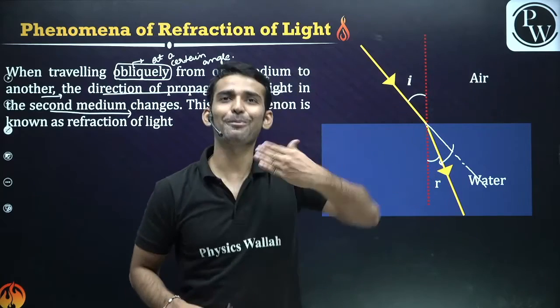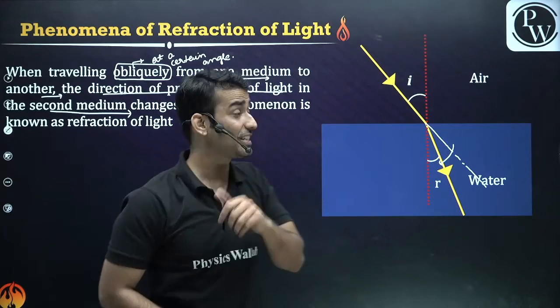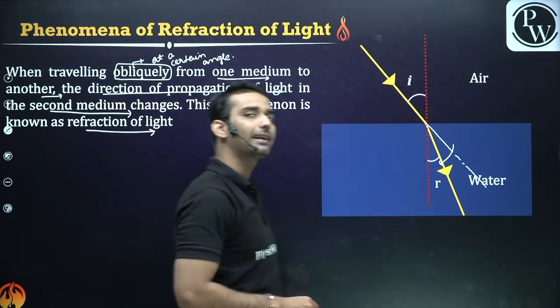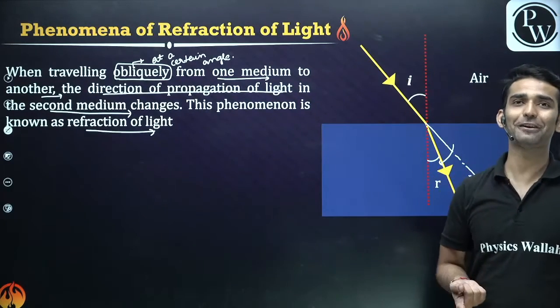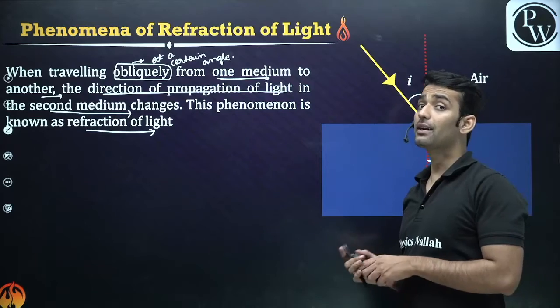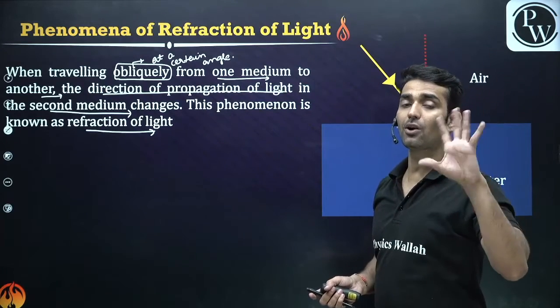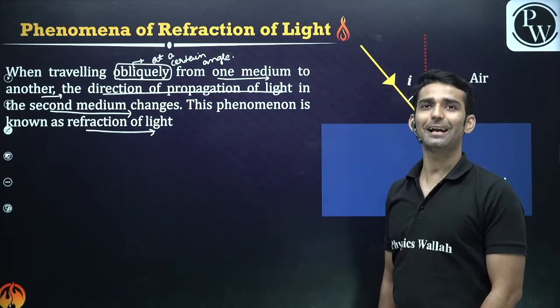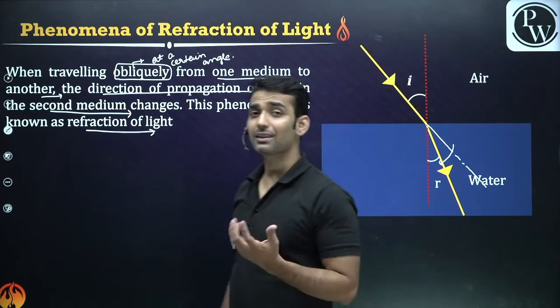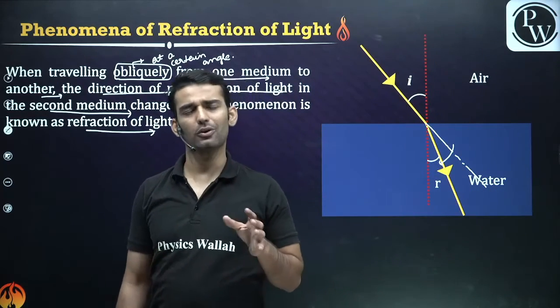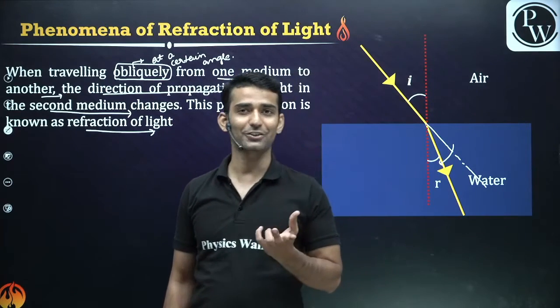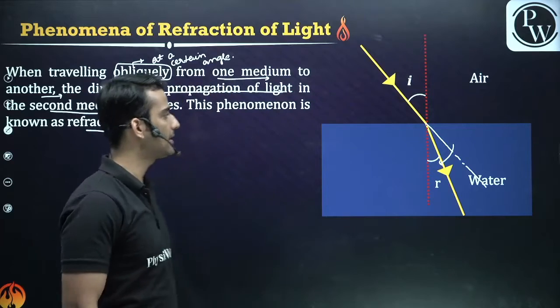It has bent by a certain amount. So this change in direction is known as the refraction of light. Light rays refract whenever there is a change in medium. So in reflection, we did not have a change in medium. Here we have a change in medium. Is it clear? Okay. So the path of the light ray changes, or you can also call the direction of the light ray changes in case of the refraction of light. Clear, guys? Okay.